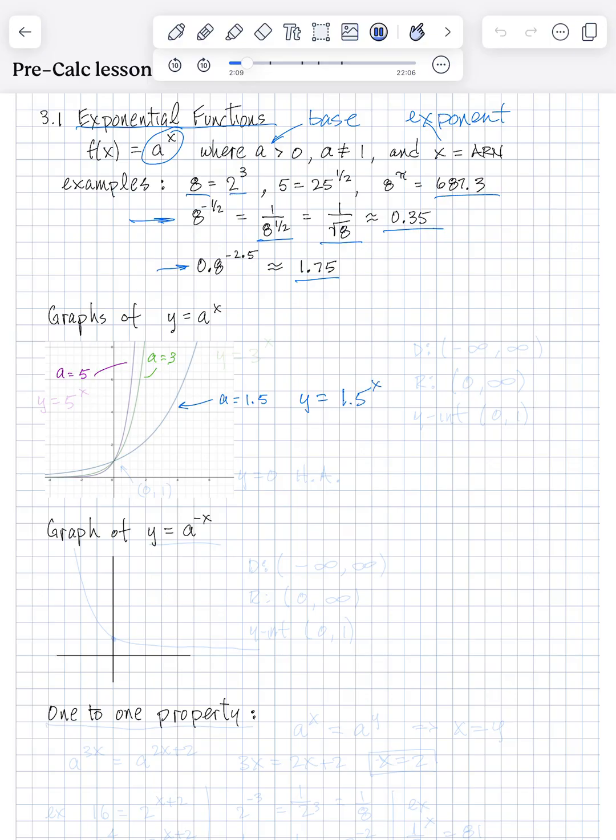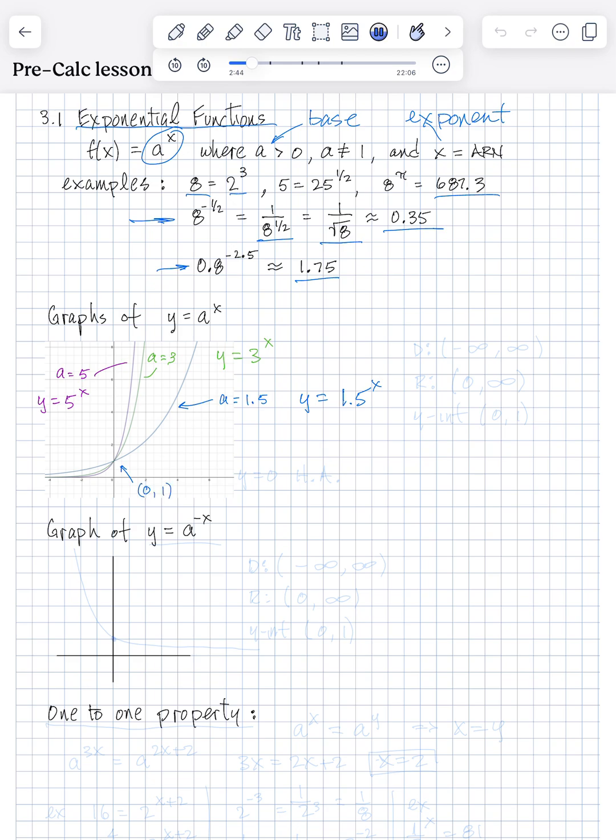The green line, if a is 3, we have y is equal to 3 to the x. And the purple curve would be y is equal to 5 to the x. Now what you notice about these three curves, they all have the same intercept. And it's at 0, 1.